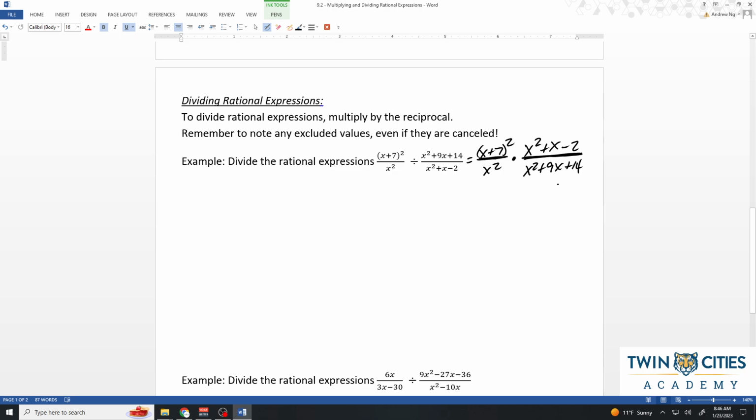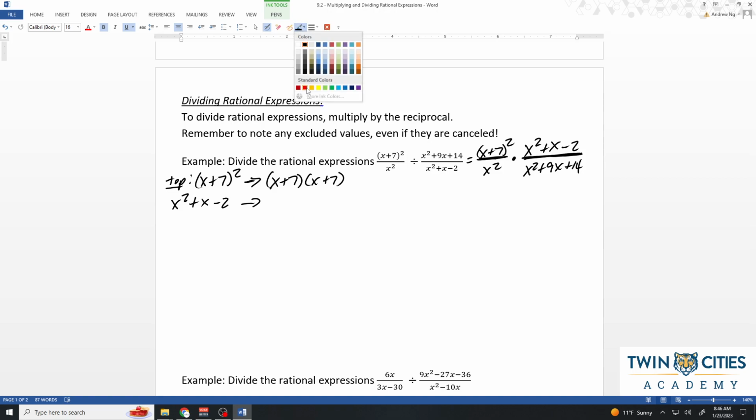And since this is the same as the other two problems that we did, we're going to use the exact same process. So we'll say the top part is x plus 7 squared, well, here we can just say that that's x plus 7 times another x plus 7. And I've got x squared plus x minus 2. Let's factor this.